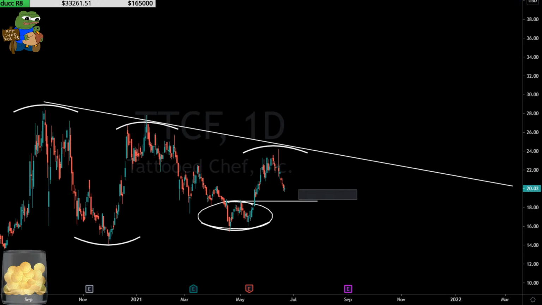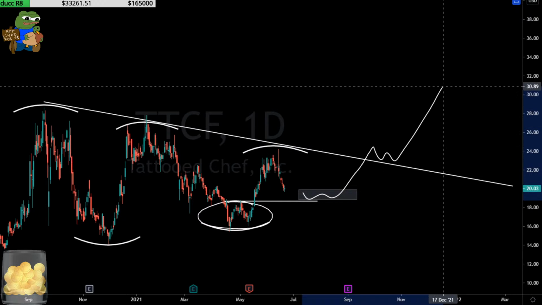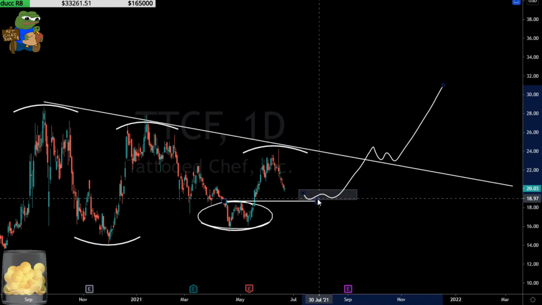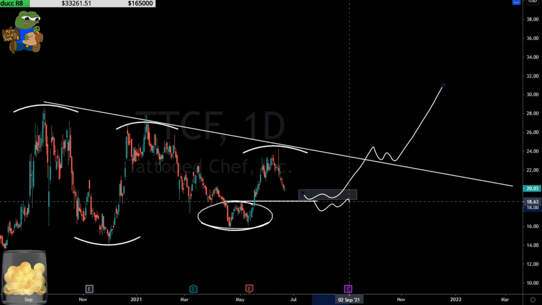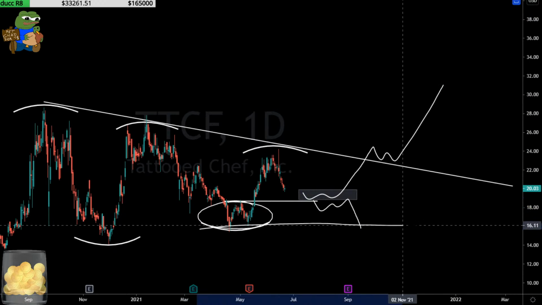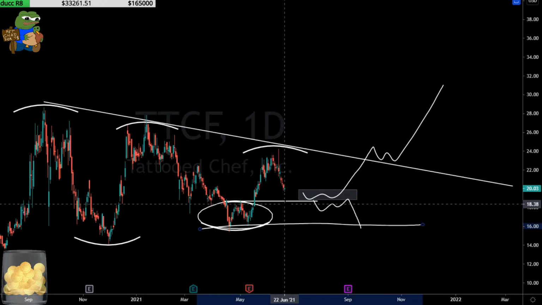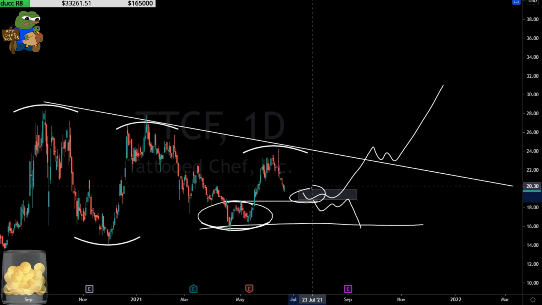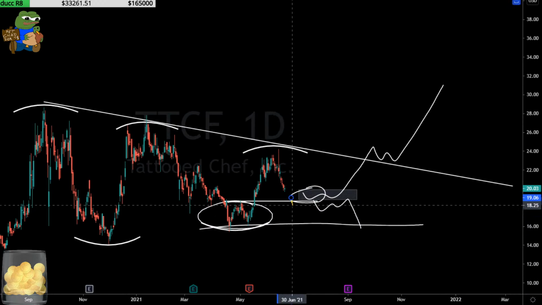So long here, you want to break above this. You don't want to fall below this, and you don't want to lose this low. Make sense? TTCF, so this is your entry.